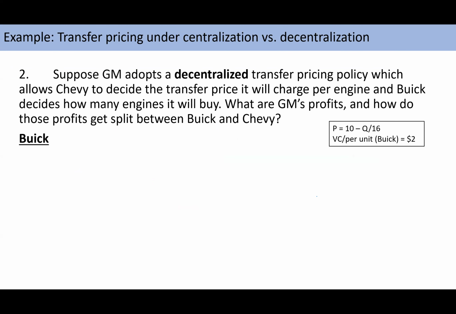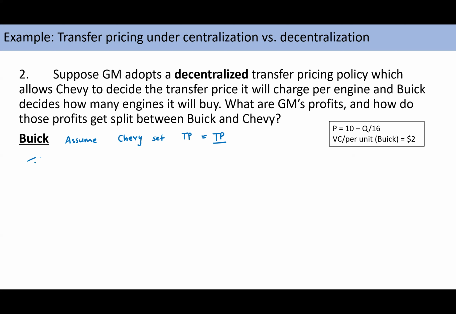So for now, we're just going to say that Chevy set the transfer price at an unknown number, and we're going to name it TP. Now, Buick has to find the quantity and selling price that maximizes their total profit given Chevy's transfer price.